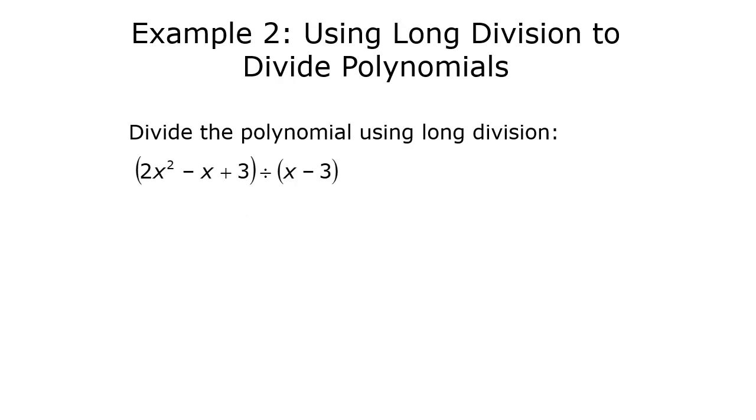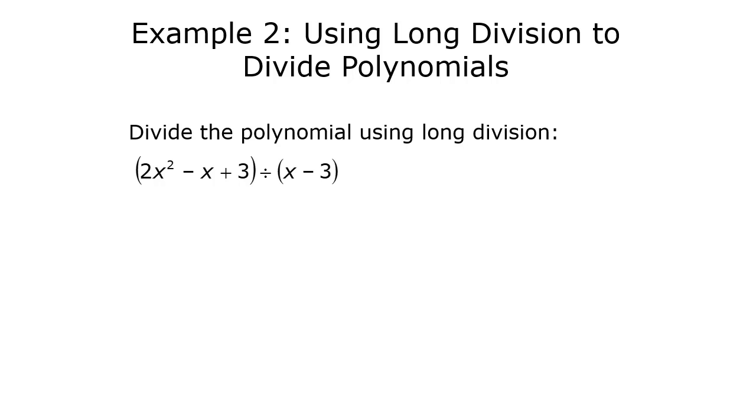So instead of dividing by just a monomial, one thing, we have to divide by a binomial or worse. Now, if we're dividing by something as simple as this x minus 3, then you can use synthetic division. So if anybody's ever learned synthetic division, this is the one and only time where you can use it. I never teach synthetic division because it's a very limited technique that only works when you're dividing by a very specific binomial.